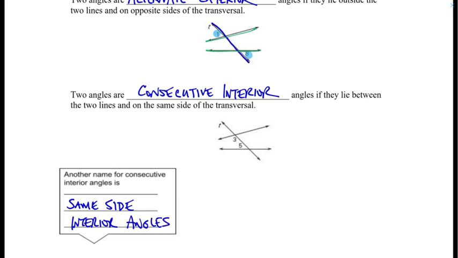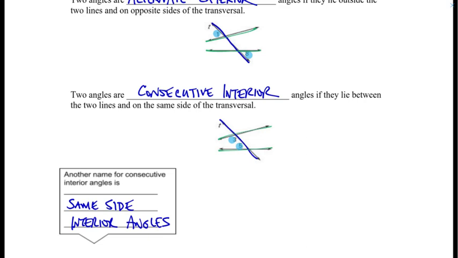So you may see either wording. Just know that we're talking about the same thing, the same relationship. So when you look at these, we have our transversal. We have our two lines that the transversal is cutting through. You can see in this case we have angle 3 and angle 5, both of them being on the left side of our line, and they are in between our two lines.